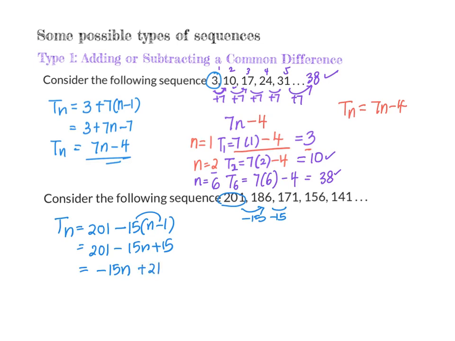plus 216. Now let us see if it's method 2, how can we get the answer? Right? For method 2, I know that I'm adding in a common difference or I'm subtracting a difference of 15. So my formula will start with negative 15n. Now let's check.